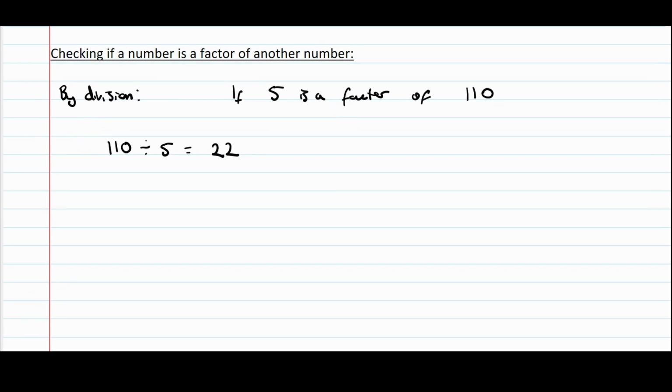So the number is a whole number. Therefore, it is a factor. So 5 is indeed a factor of 110. And that is one way of finding out if a number really is a factor of another number.